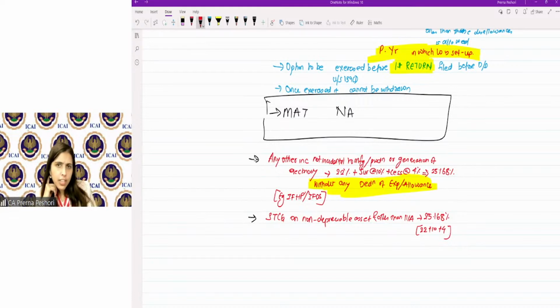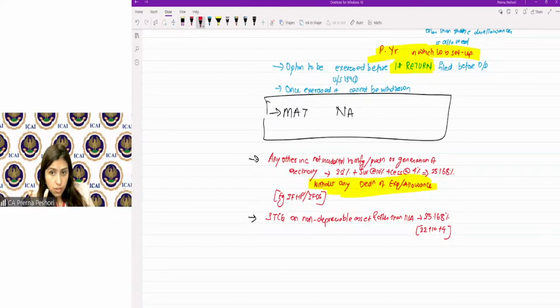Because it's a concessional rate of tax at 15%, everybody would want to lower down the tax rate to 15% instead of 30% or 25%. So they will try to shift the profits from one business to another. If the AO identifies this artificial shifting of profits, then he can recalculate the profits by reasonable determination of what shall be the profits of this particular company.